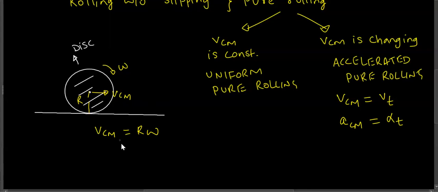Mg and normal are anyway there. The gravitational force and the normal force are anyway present. No unbalanced forces exist.